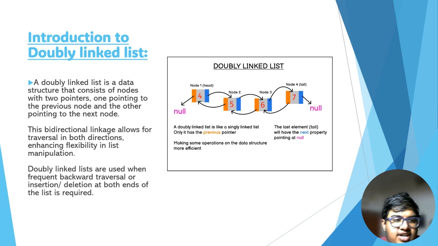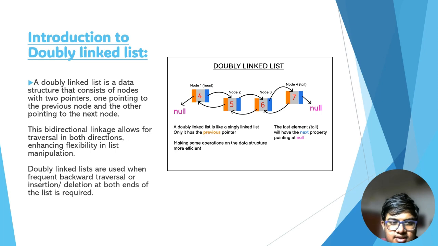The bidirectional linkage allows for the traversal in both directions, enhancing flexibility in the list manipulation. Doubly linked lists are used when frequent backward traversal or insertion or deletion at both ends is required. The doubly linked list is mostly used when there are multiple insertions and deletions that take place across a given linked list.